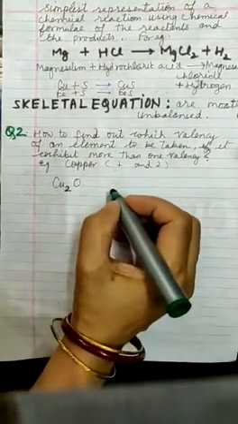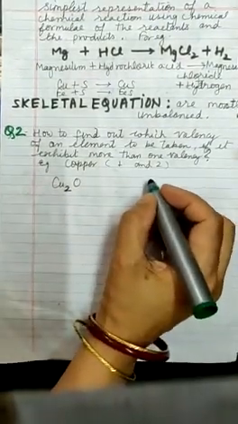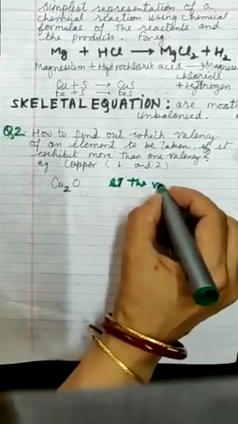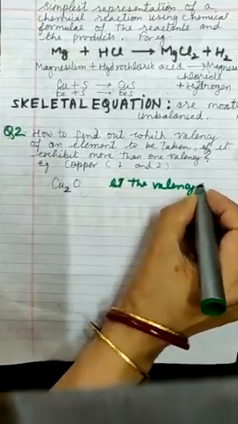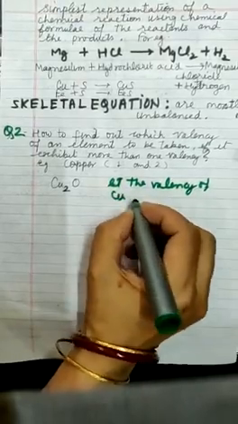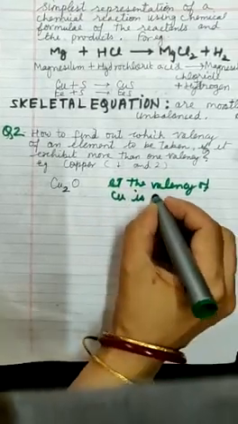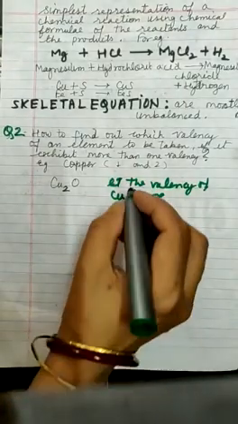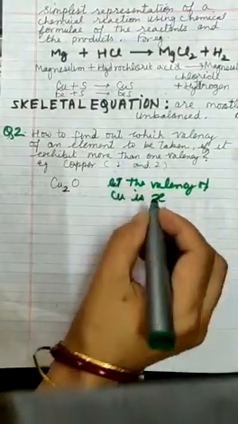The method is simple. Use X as you do in mathematics. Suppose the valency of copper is X, as you people always do in mathematics.